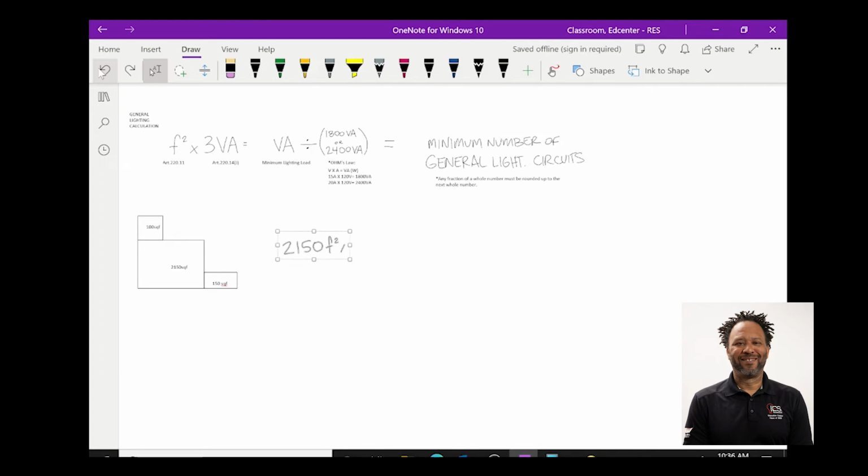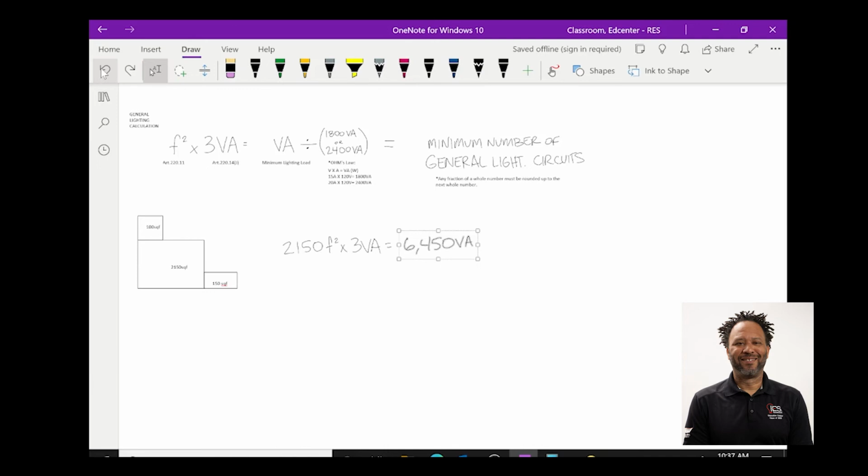We would then next multiply that by our 3 volt amps, and that would give us a total of 6,450 volt amps.